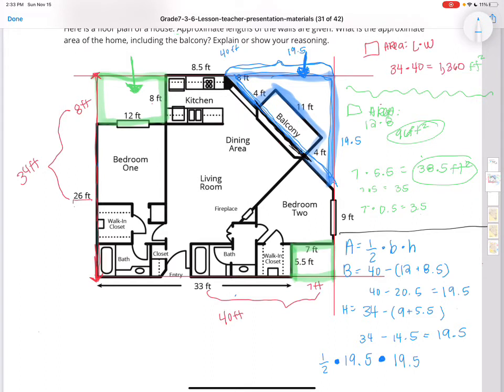So I'm going to say 1/2 times 19.5 times 19.5, and I like to double check my work, guys, so I'm using a calculator at home.